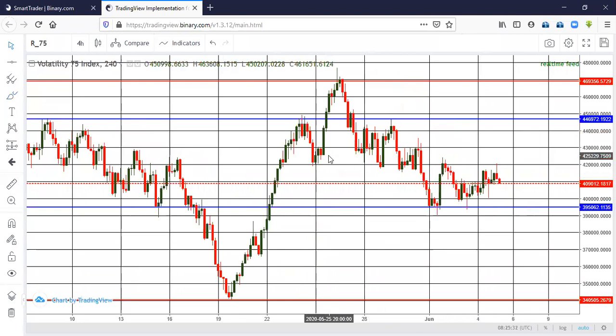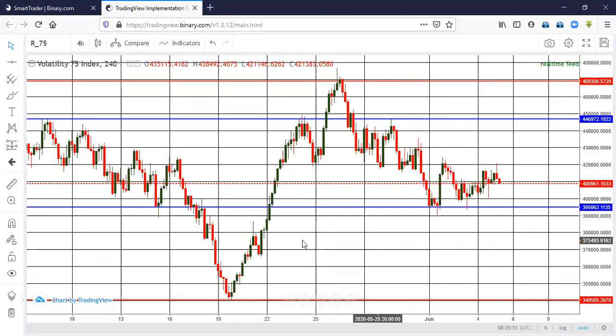Because this is the volatility index, and the volatility index is a bit more volatile than other indices and other trading currencies, we are going to change our time frame to a lower time frame.